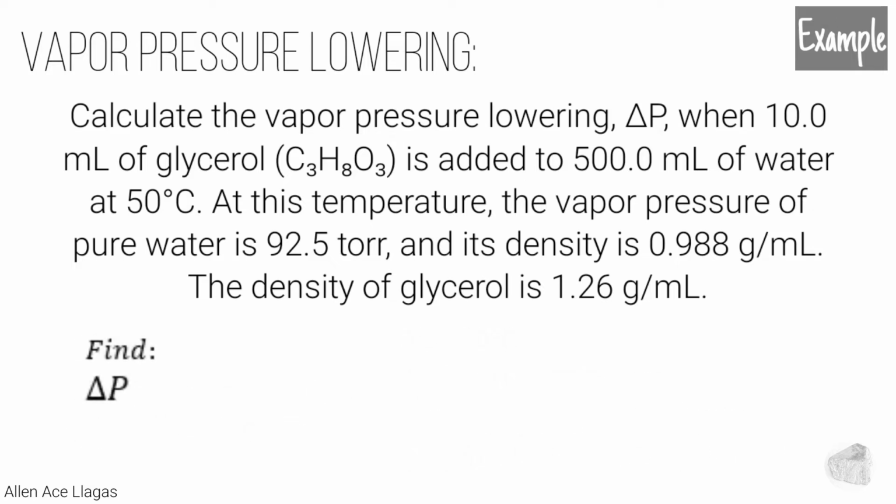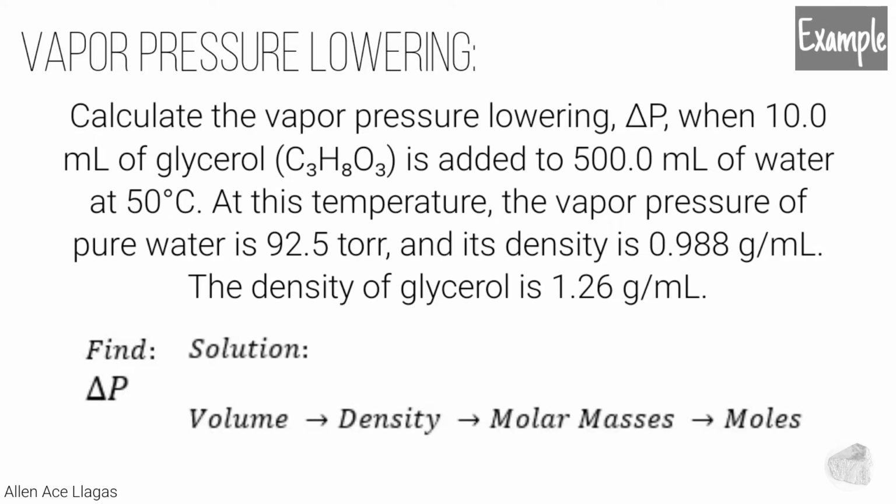What we need to find is the vapor pressure lowering, which is delta or change in P. Now, we need to convert their volumes into grams and into moles. We can do this by multiplying their volumes by their densities, and then dividing by their molar masses in order to get our desired mole values.